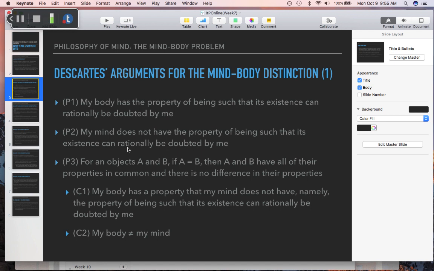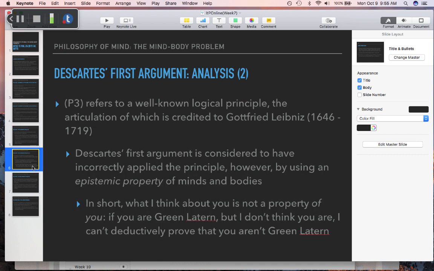So he's applying a property of the way things are thought about. And as the textbook explains, this doesn't really work very well, right? So I explain it here. In short, what I think about you is not a property of you. What I think about you is a property of me, or it's a relational property between me and you.